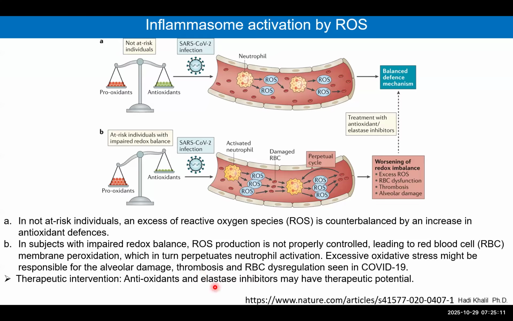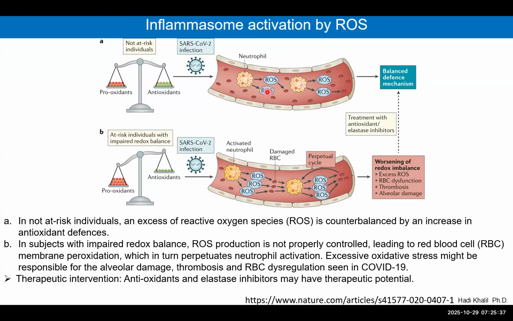Now, the next step to figure out is that whenever you have these cells coping with reactive oxygen species, most probably they will turn on certain signaling pathways that normally are not turned on.